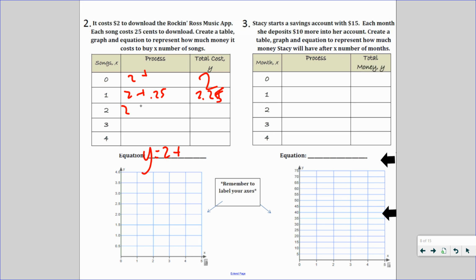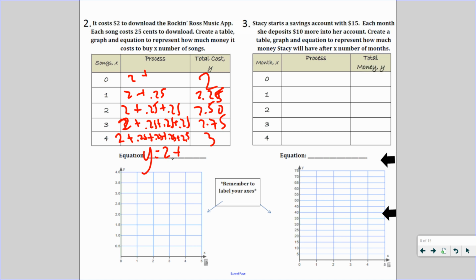If I have 2 songs, it costs me $2 to download plus 25 cents plus 25 cents is $2.50. With 3 songs, $2 to download plus 25 cents three times is $2.75. And here, $2 download plus 25 cents for each song I download, for 4 songs, is $3.